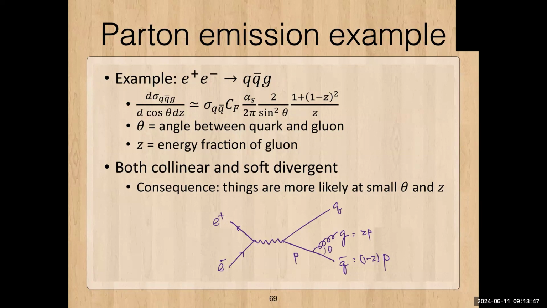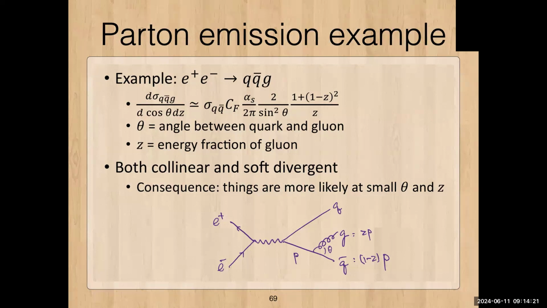This tells us one important thing about jets: we expect jets to have a lot of collinear splittings and a lot of soft splittings. This explains why in experiments the sprays of particles are always very tight. That's a consequence of this. This is just a special case, but you can also work out different combinations, and the general conclusion is the same.